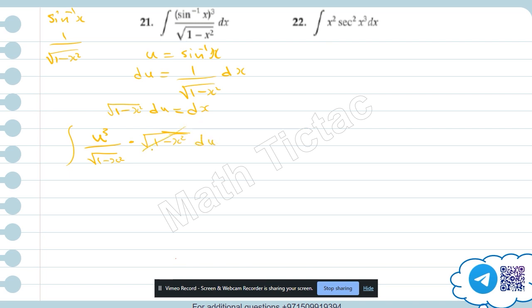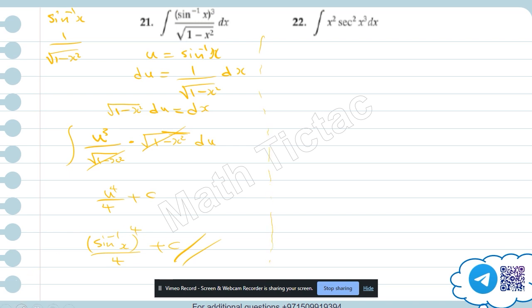Now with this eliminated, the integration of u cubed is u to the power 4 over 4 plus c, which is sine inverse x to the power 4 over 4 plus c. Yes, that's it. This is my answer for question 21.